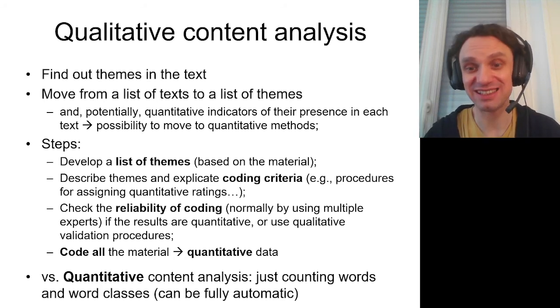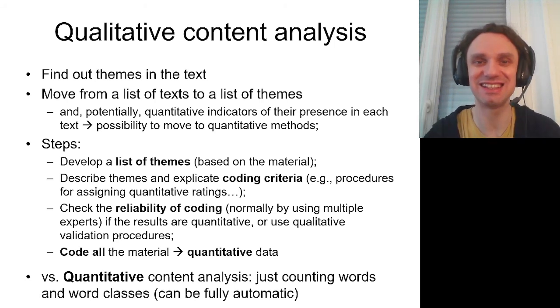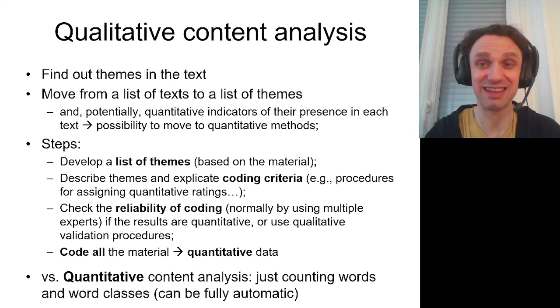If your coding schema does not allow you to produce consistent codes, for example, you formulated your criteria in such a way that different people understand them in different ways, you need to come back and refine these criteria and recode those texts, and this is why it can become actually quite tedious.